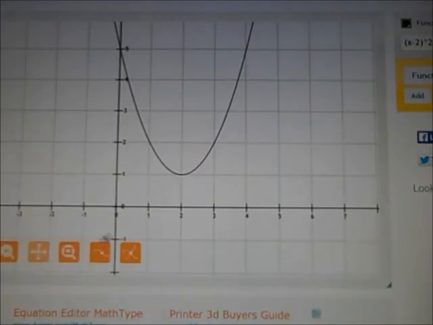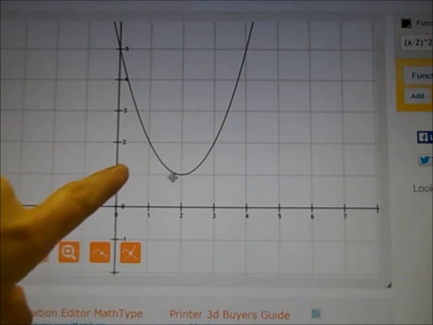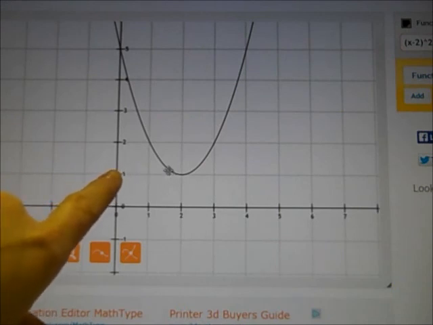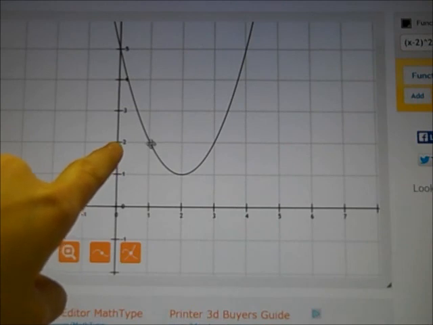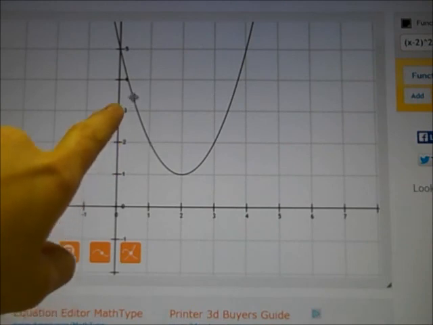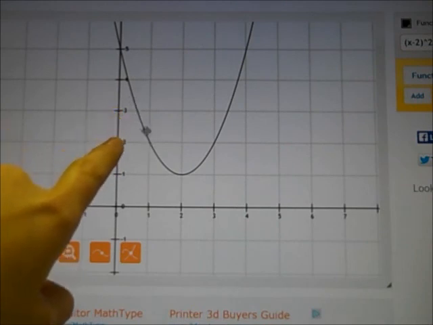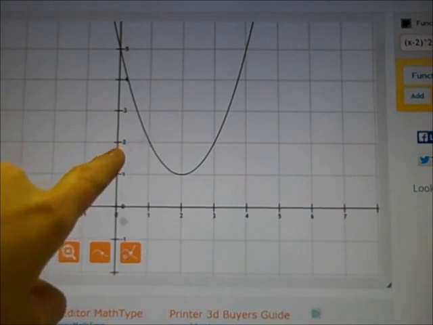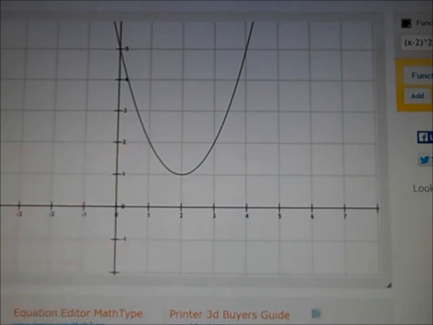How about as x approaches 1? So go to this function here. Here's the point corresponding to 1. As I go from the right, so I'm starting over here, what are my y values doing? As I get closer and closer to 1, they're increasing to 2. What about over here? As I get closer and closer to 1, they decrease to 2. So we say the limit as x approaches 1 of this function is 2.